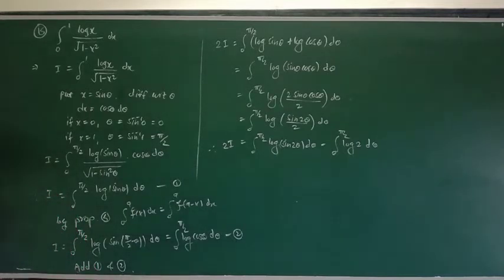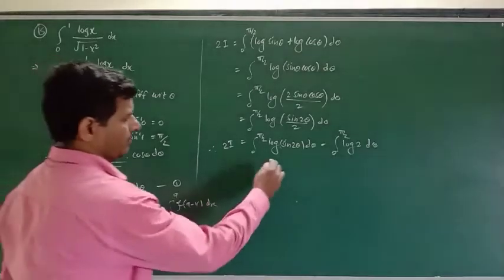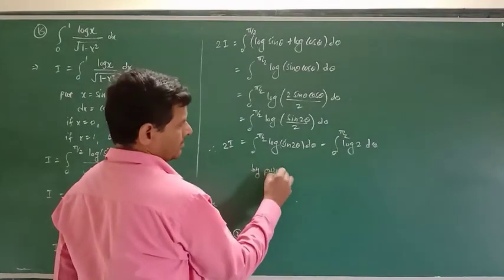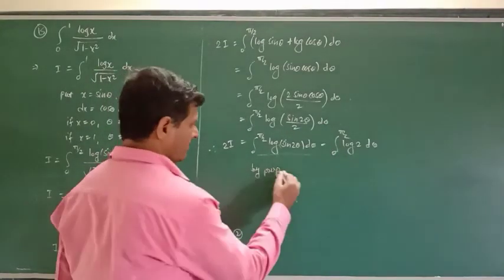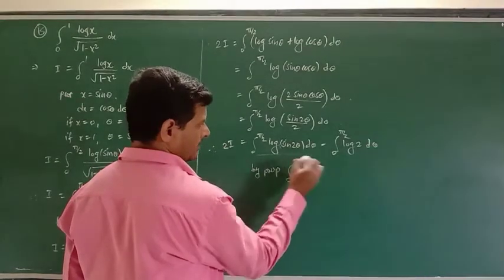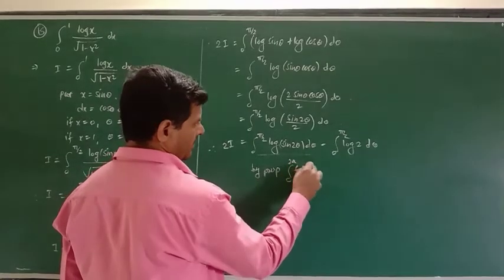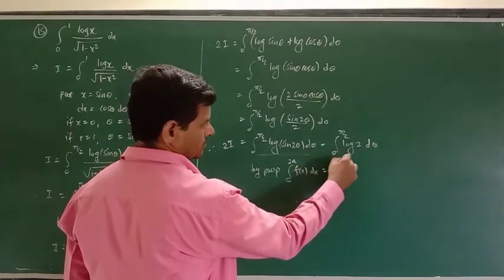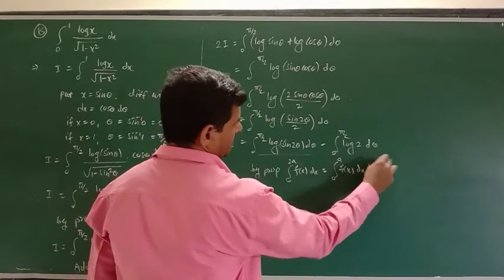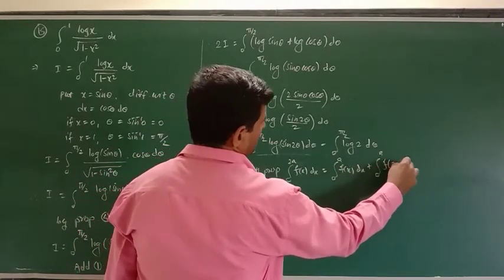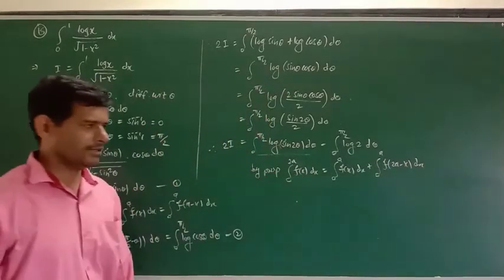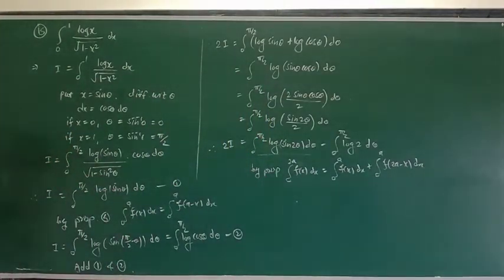If I again utilize property number 5 in the first integral, the integral from 0 to 2a of f(x) dx is equal to the integral from 0 to a of f(x) dx plus the integral from 0 to a of f(2a minus x) dx. By using this property, what do we get on the right side?